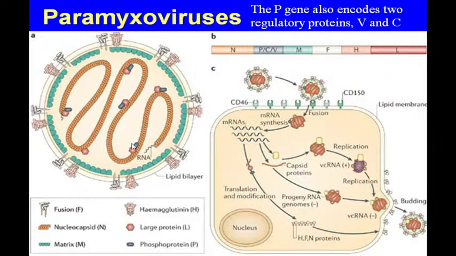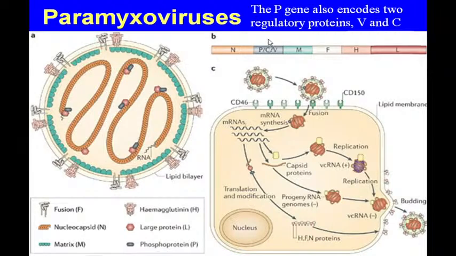This is an NP protein here, and then we have H protein, then we have F protein, then we have M protein. This is a blue one right here. And then we also have the L protein. This is the large polymerase protein.